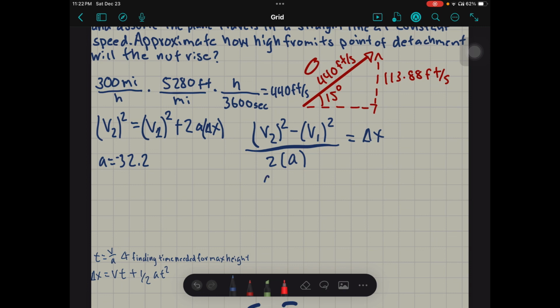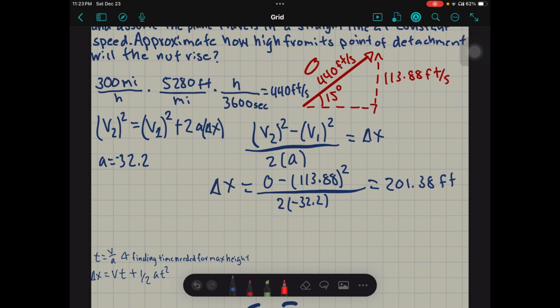So now we're going to have 0 minus 113.88 squared, divided by 2 times negative 32.2. When we plug that into our calculator, we get 201.38. That's going to be feet, and that's going to be equal to our change in x.